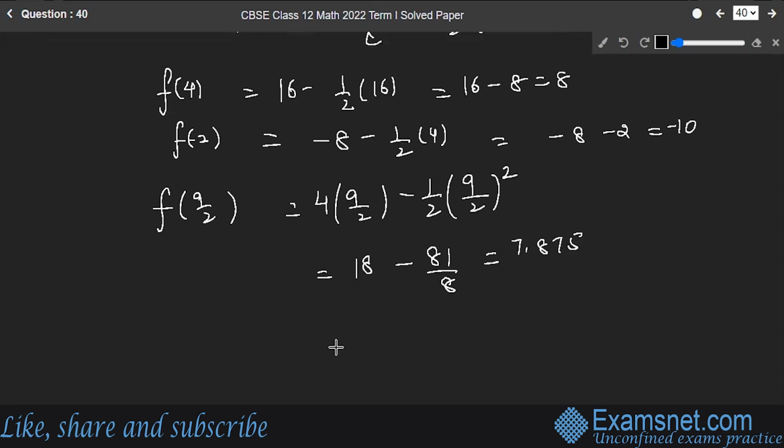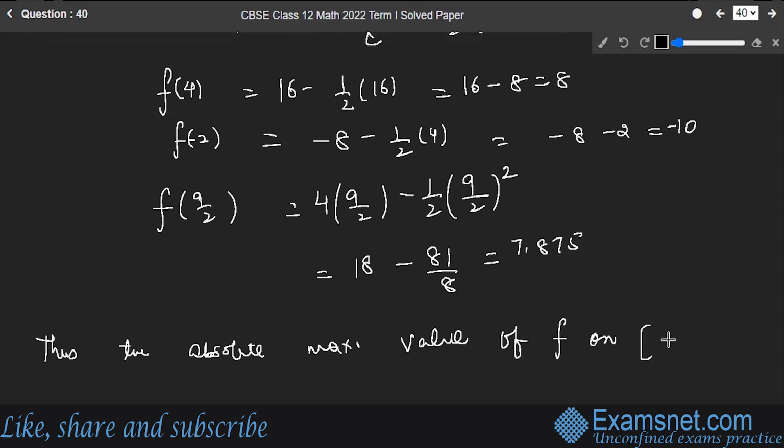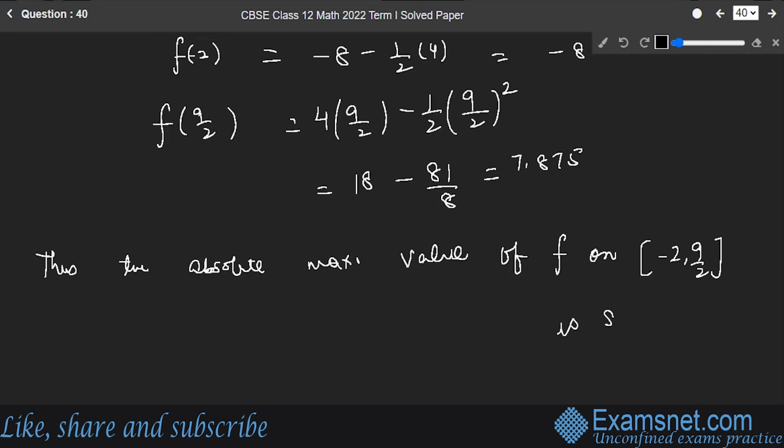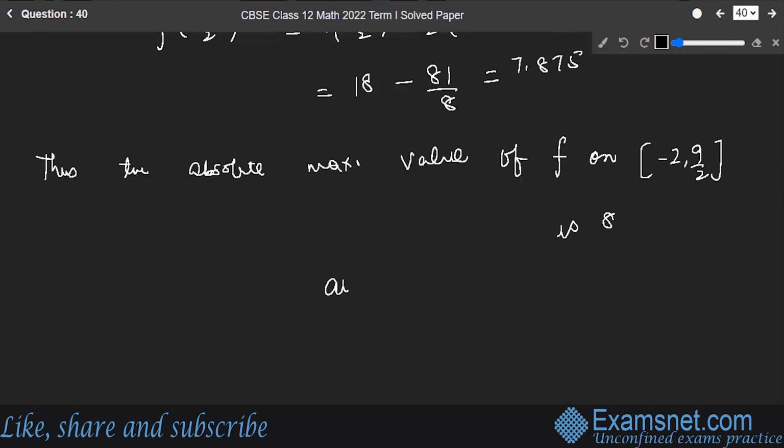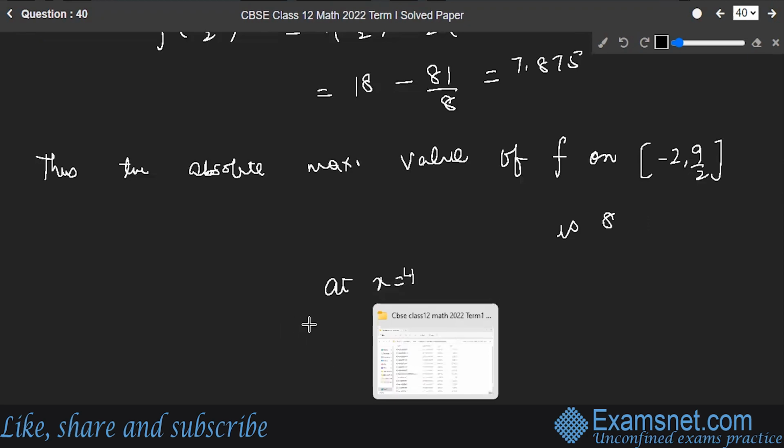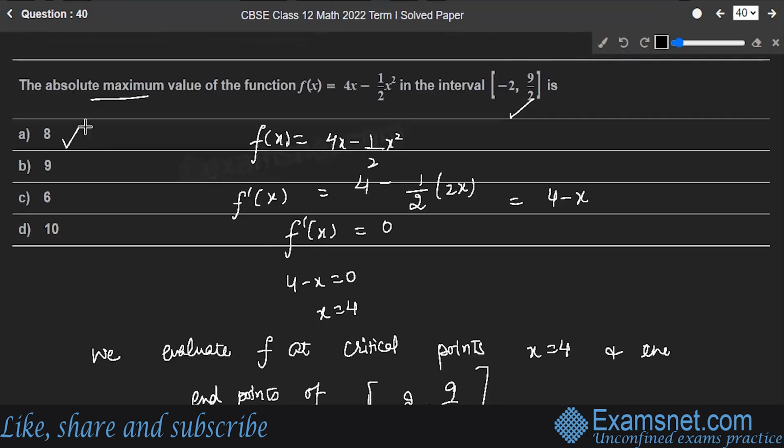Thus, the absolute maximum value of f on minus 2, 9 by 2 is 8, which is occurring at x is equal to 4. So that makes your option A the correct answer. Hope you got that. Let's move to the next question.